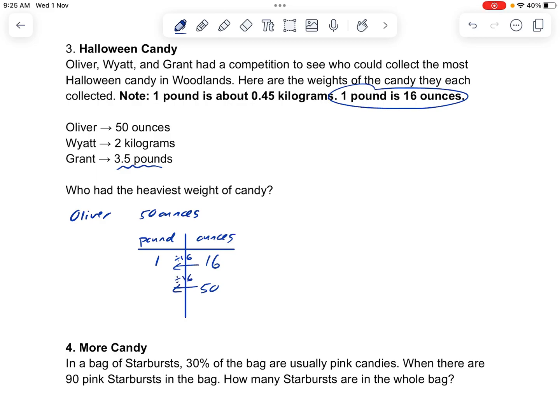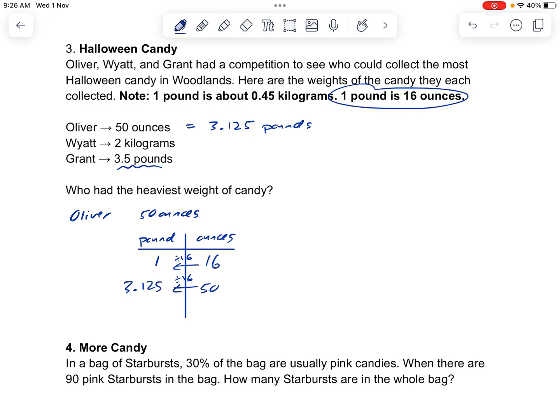So I'm going to take 50, and this is where I get out my calculator, divided by 16. And that is going to equal 3.125. So for Oliver, I'm just going to jot that down up here. His is 3.125 pounds.